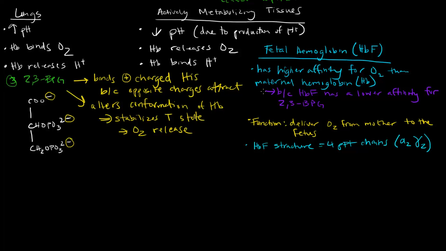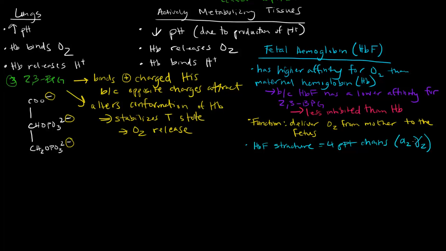So 2,3-BPG doesn't have as drastic an effect on fetal hemoglobin as it does on maternal hemoglobin. So it is less inhibited than maternal hemoglobin, which means that it can bind oxygen better. Quite simply. So why can it do that? Well, this is the boom here.